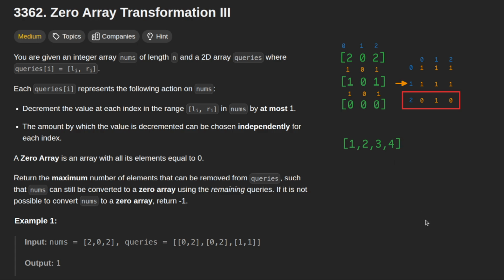So if only 0 to 3 is given, what I will say is, I will subtract 1 from all. I subtracted 1 from each element, and I get 0, 1, 2, 3.